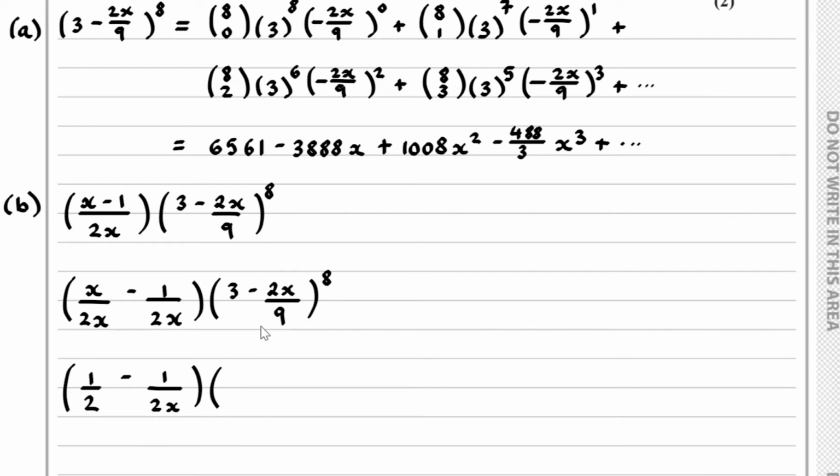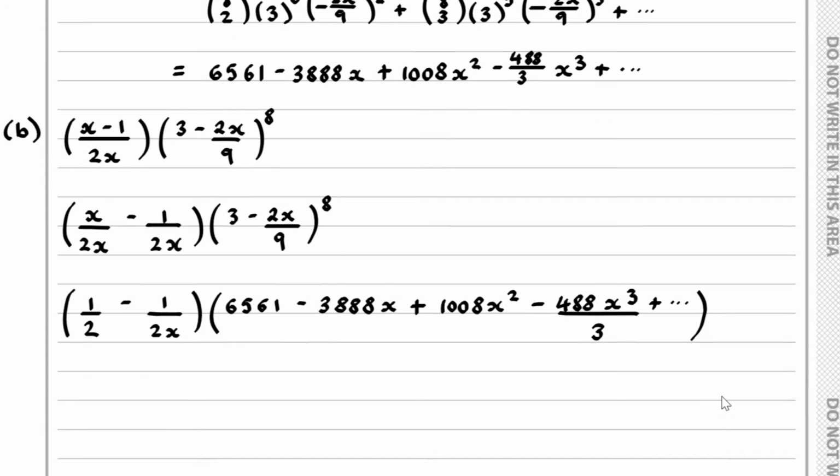And we know from part A, the first 4 terms of this result, we got 6,561, subtract 3,888x plus 1,008 x squared, subtract 488 x cubed over 3, plus higher order terms.